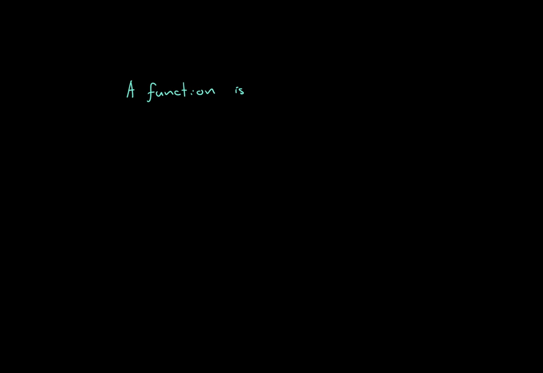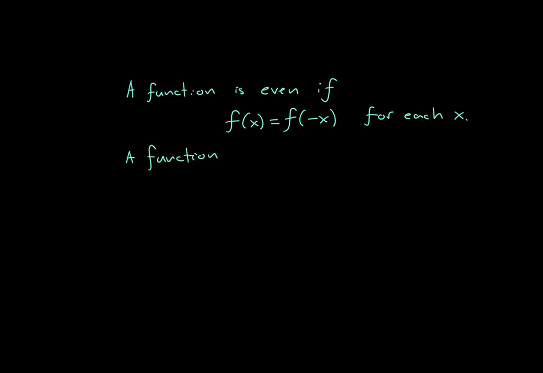A function is even if f of x is equal to f of negative x for each x, technically for each x in the domain of the function. A function is odd if f of negative x is equal to negative f of x for each x.